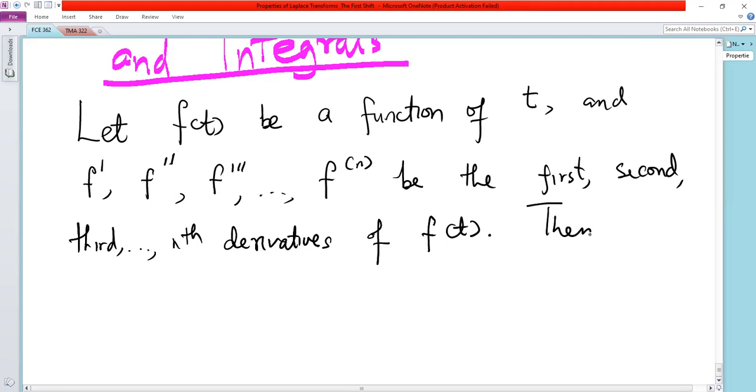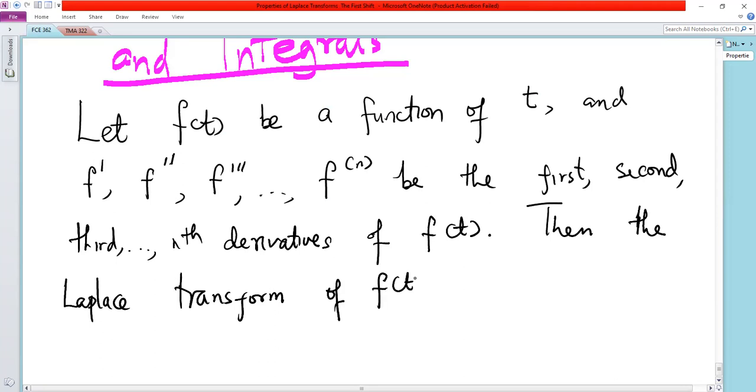Then the Laplace transform of f of t, let the Laplace transform of f of t be capital F of s.